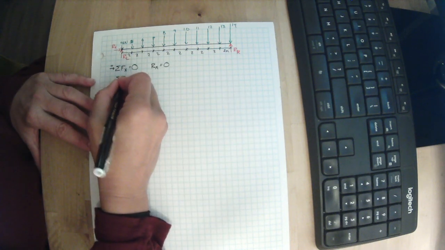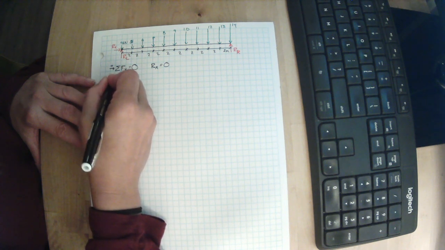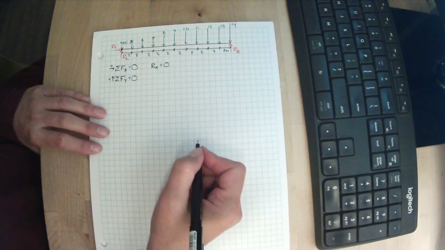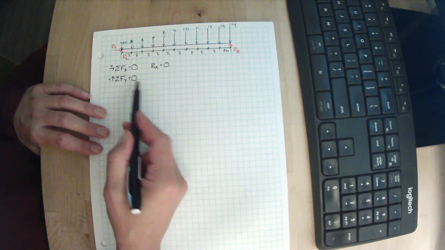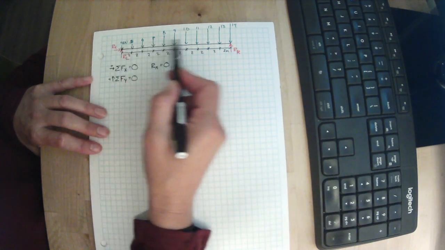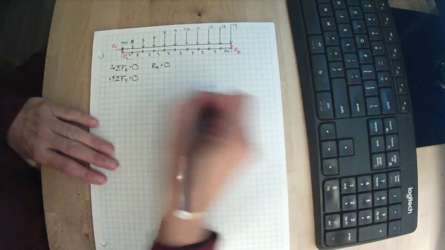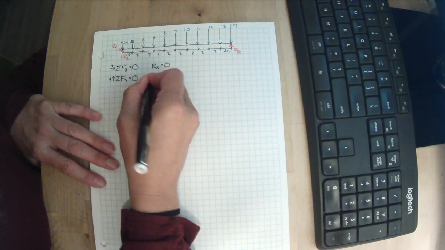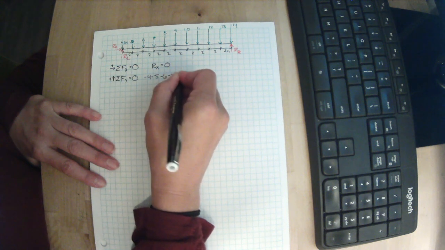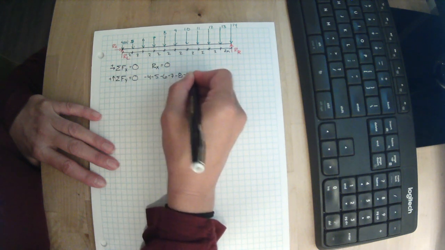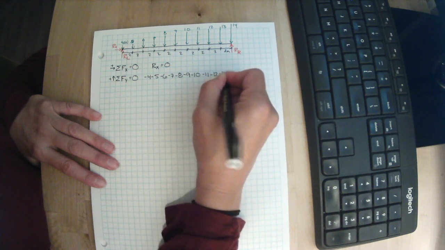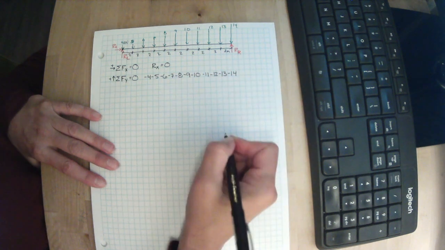Let's sum our forces in the y direction, where everything upwards is positive. And we want to know that this thing is in equilibrium. So we've got all of these forces acting downwards. So we've got -4, -5, -6, -7, -8, -9, -10, -11, -12, -13, -14.